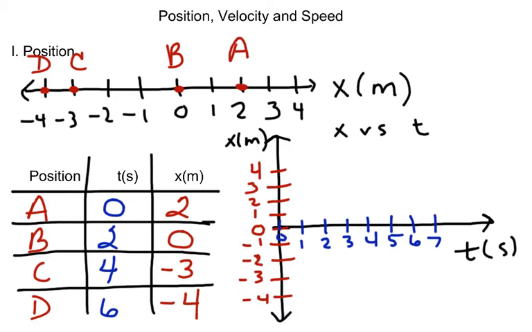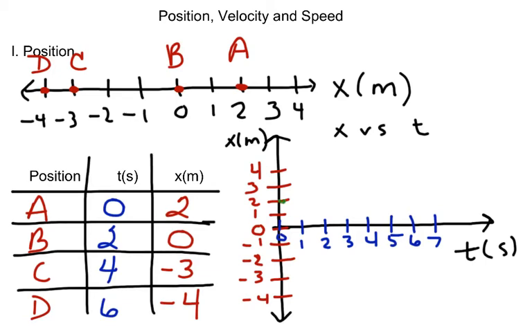Okay, now I want to show you a graphical representation of position. It's actually position versus time. I want to go ahead and plot the points from the table on the graph with the color green. So position A starts at a time of 0 but a position of 2.